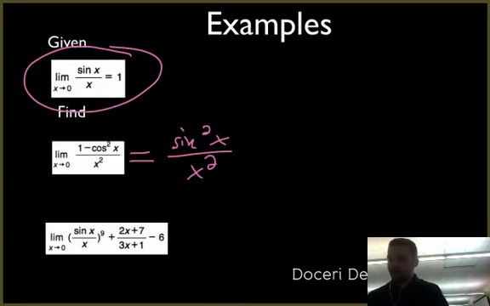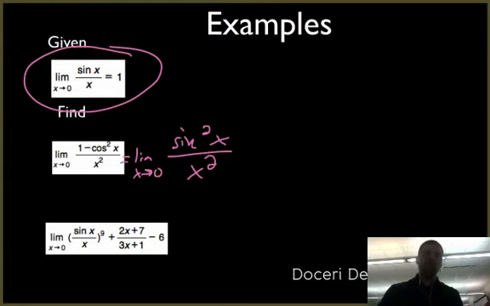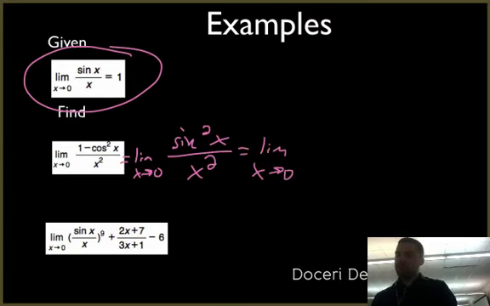Oh, and I didn't copy the limit down, but you should always copy the limit down until you actually take the limit. So the limit as x approaches 0. This is great, but I still can't directly substitute into this function. I'm going to rewrite this as the limit as x approaches 0 of sine of x over x, squared.